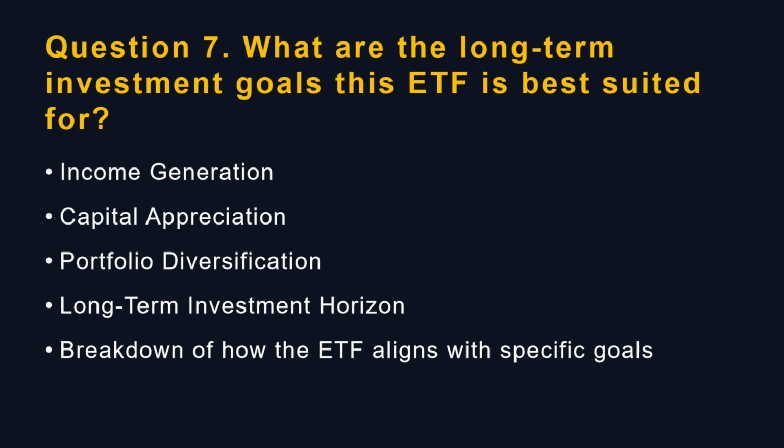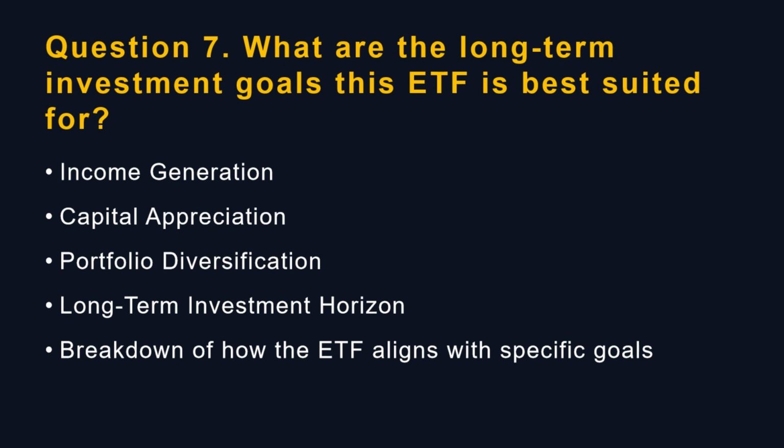The ETF is best suited for investors with a long-term investment horizon, ideally 5+ years. Bond prices can be sensitive to interest rate fluctuations in the short term. However, these fluctuations tend to even out over longer periods, making the ETF a more appropriate choice for long-term goals.